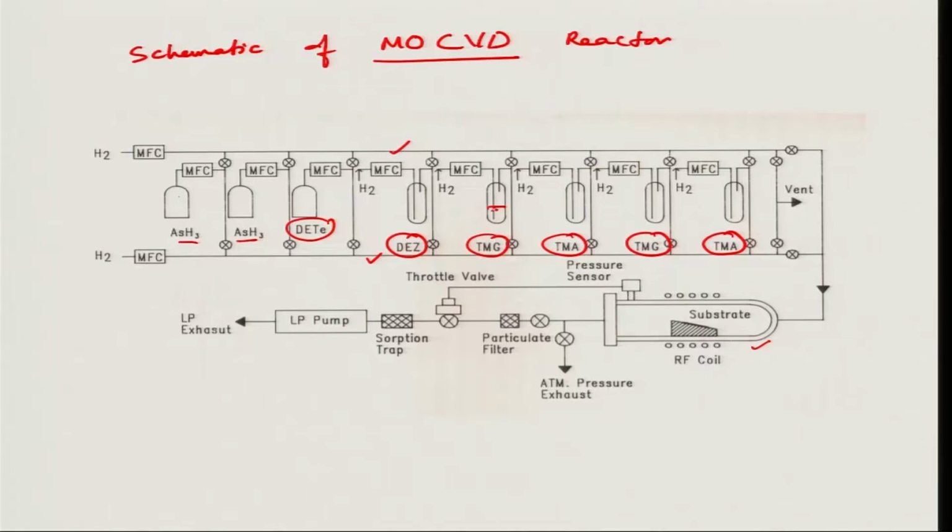So, we have liquid here and we bubble a gas like hydrogen through this bubbler at a controlled rate, and we control the temperature of these bubblers, so that it carries a certain amount of trimethyl gallium in vapor phase along with it. Okay. And similarly for trimethyl aluminum. Okay. And you see there are two lines. Okay.